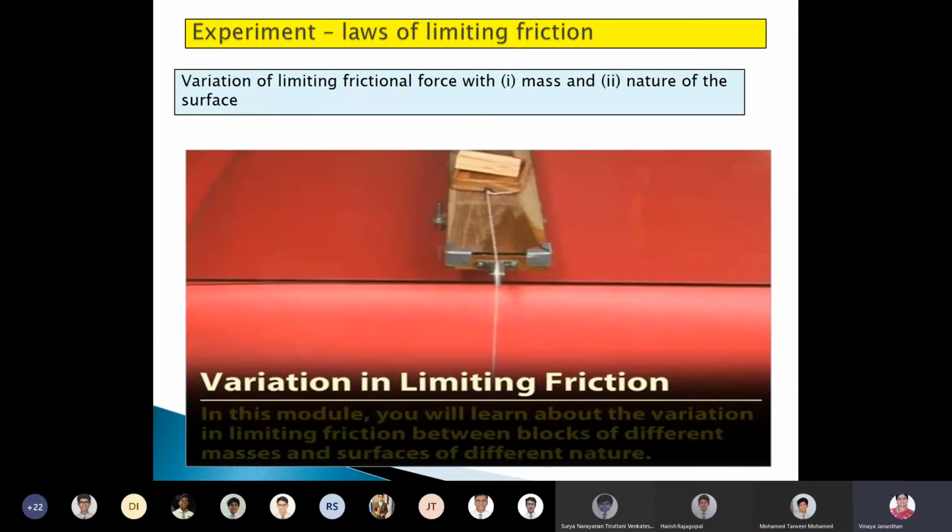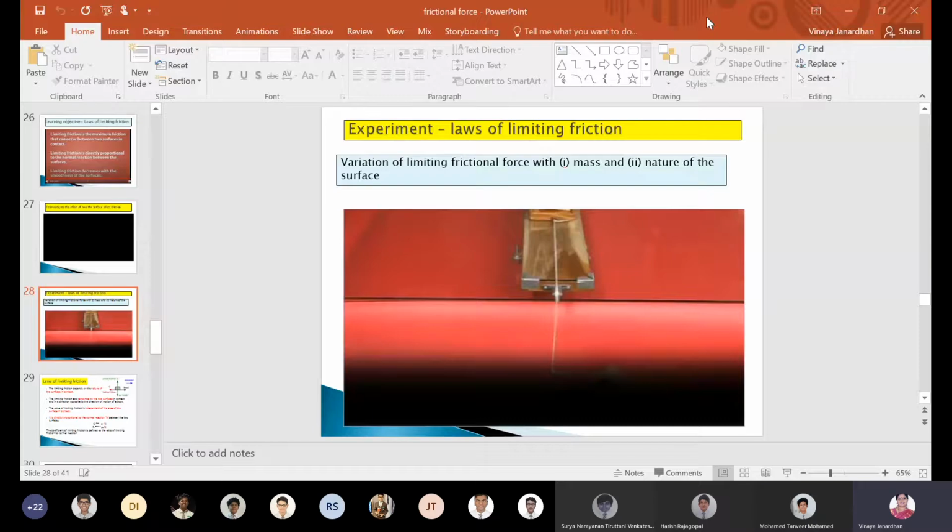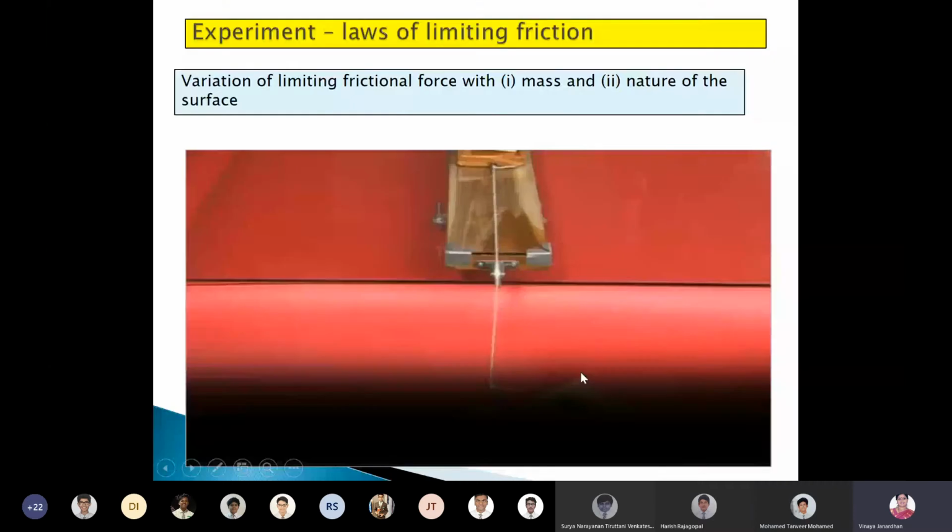There's no volume coming up. One second. There's no volume.